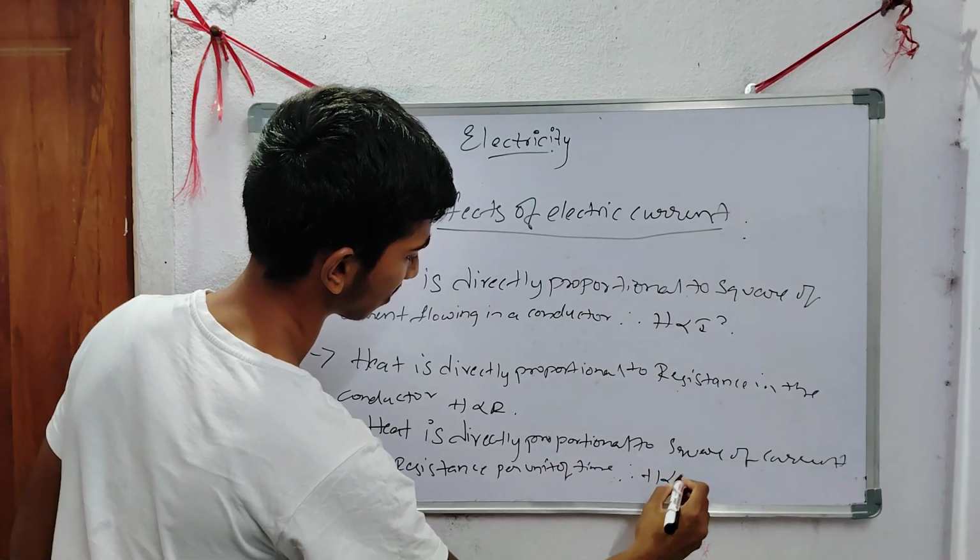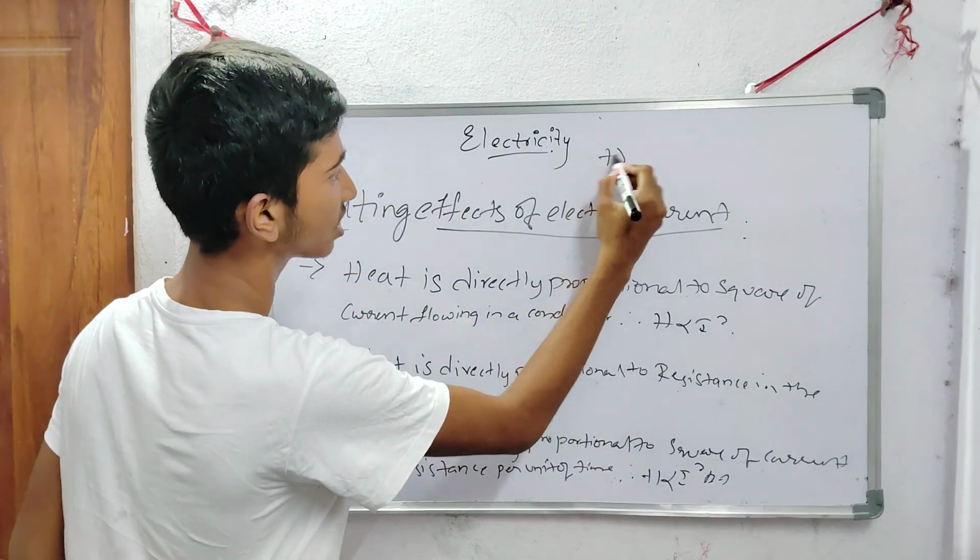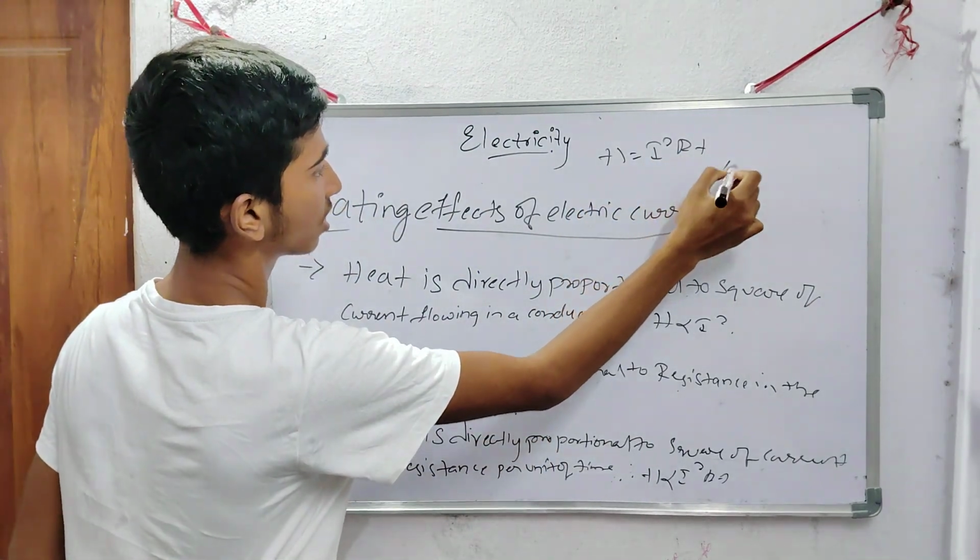Therefore, H proportional to I square RT, and the formula to calculate heat is H equals I square RT.